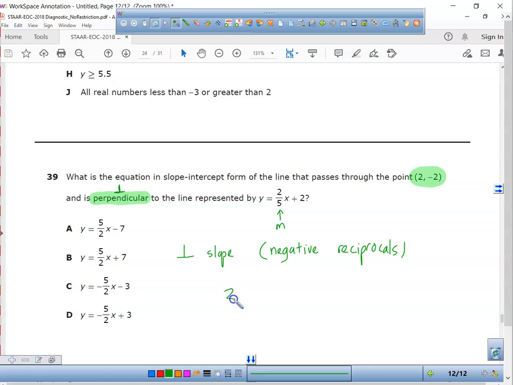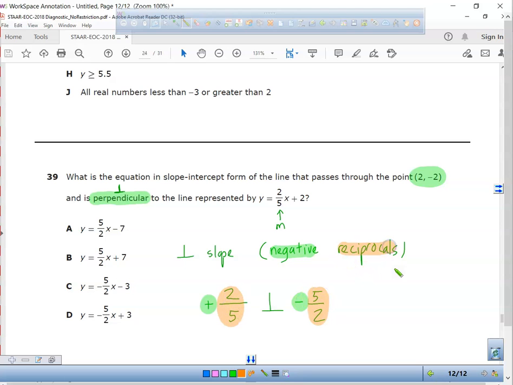I'm about to show you. 2 over 5 is perpendicular to a negative 5 over 2. A negative reciprocal means if this is positive, this is now negative, and a reciprocal means if it's 2 over 5, it's now 5 over 2. That's what a negative reciprocal means.